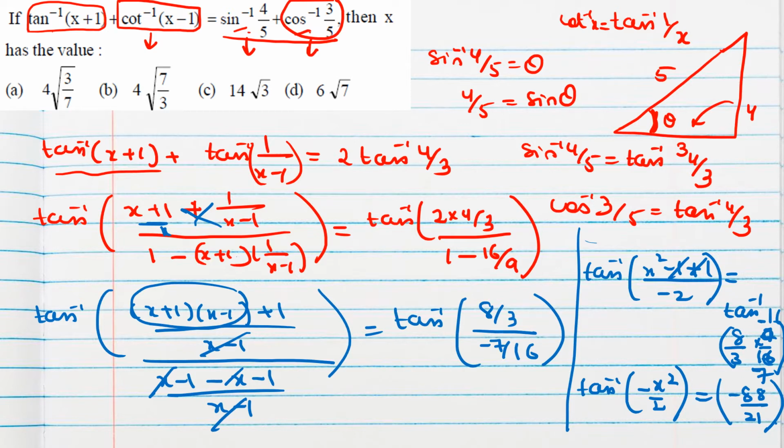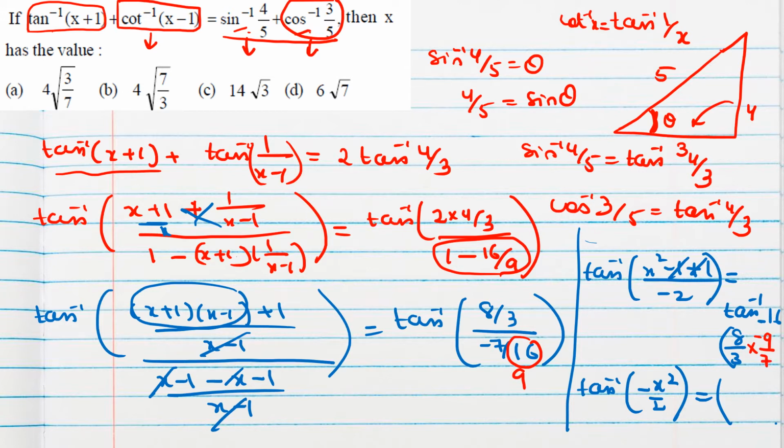Actually, here if we cross multiply, 7 by 9 should come. So here also things will get changed. 8 by 3 into minus 9 by 7.